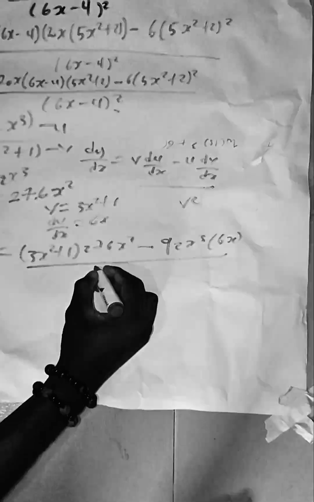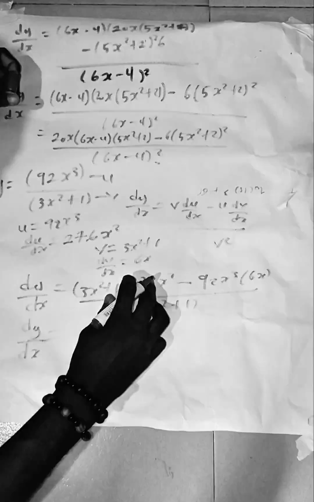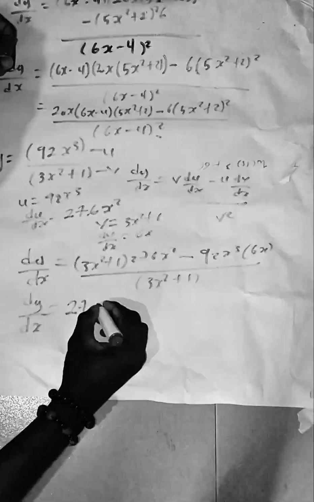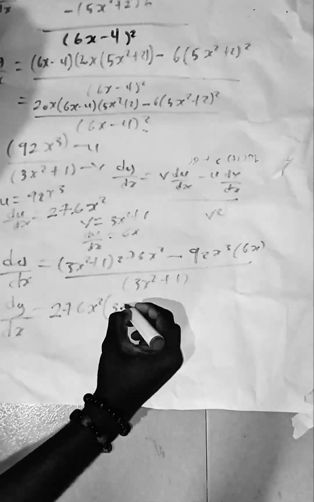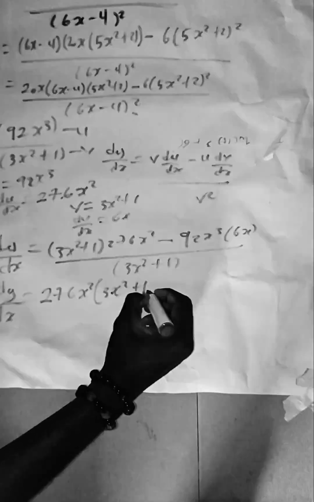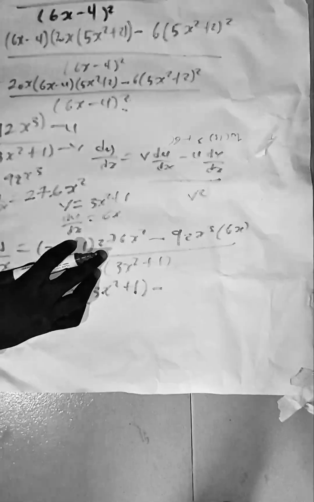Our v is 3x squared plus 1. So our dy by dx is equal to 276x squared into bracket 3x squared plus 1 minus 6 times 92, that's 6 times 90, that's 540, 6 times 2, that's 12.